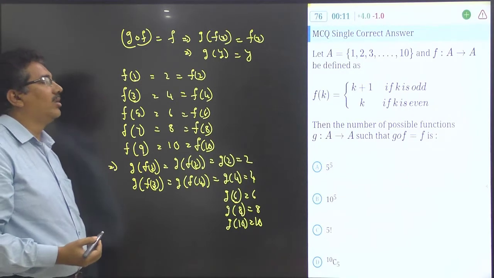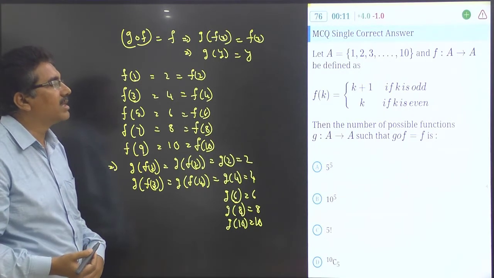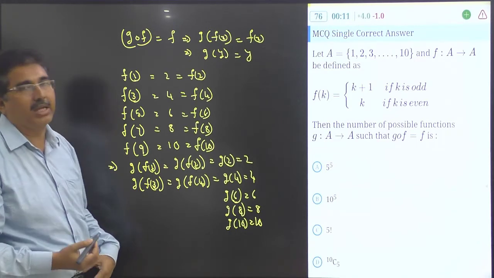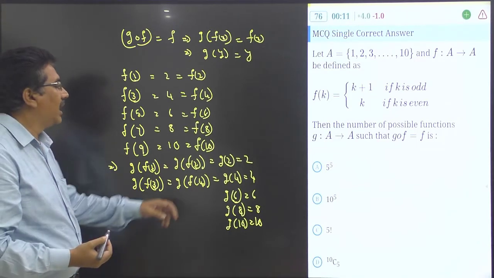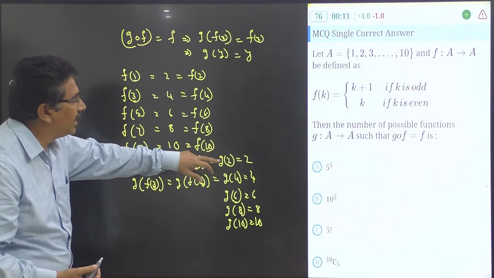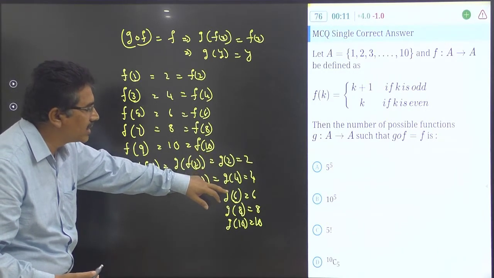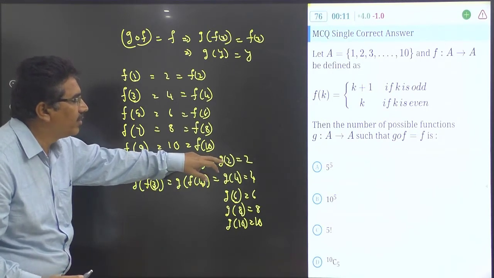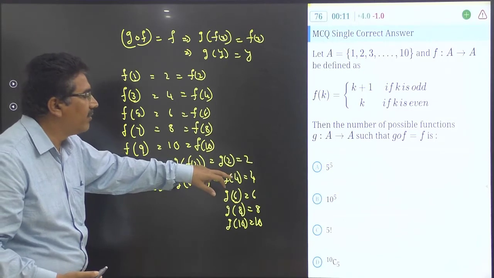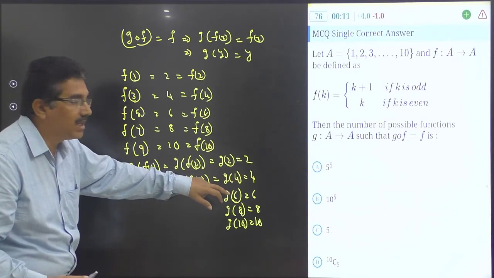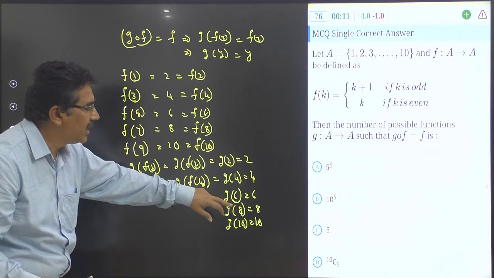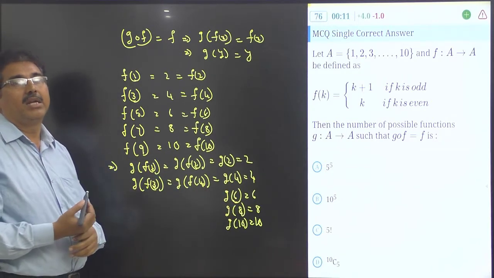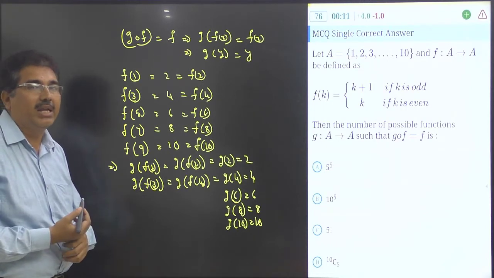Okay, now the number of possible functions g mapping from capital A to A: the elements of capital A, particularly 2, 4, 6, 8, 10, have images: the image of 2 is 2, the image of 4 is 4, the image of 6 is 6, the image of 8 is 8, the image of 10 is 10. Now, what about the remaining elements?